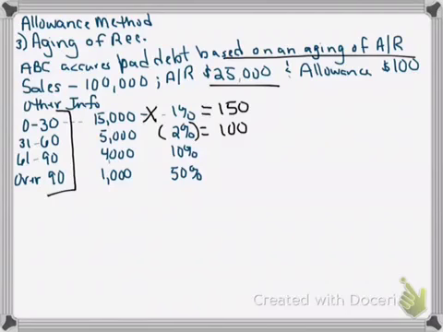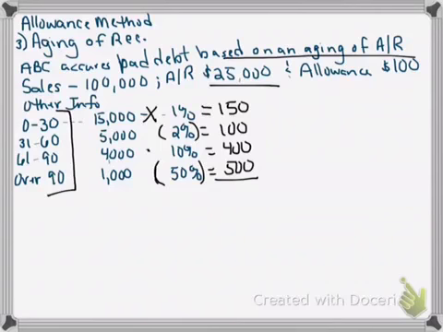We would take the 4,000 and multiply it by the 10%, and we would get $400, and then we would take the 1,000, multiply that by the 50%, and that would give us $500.